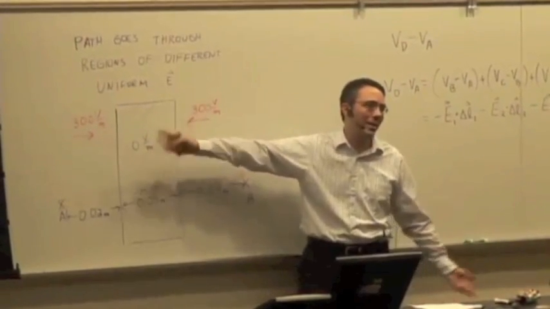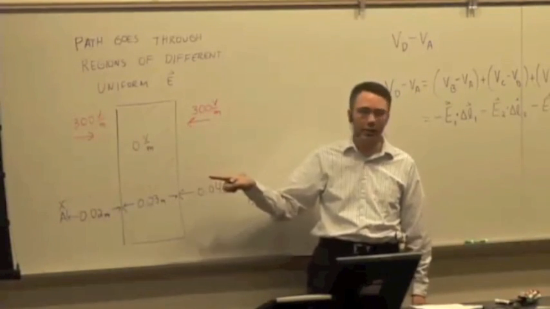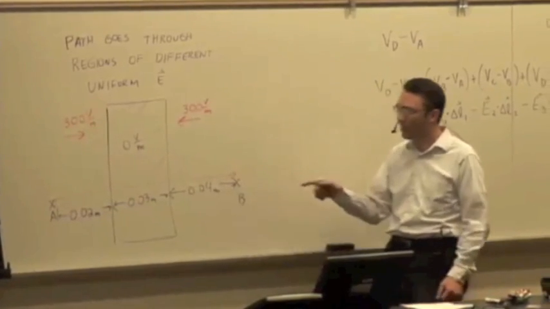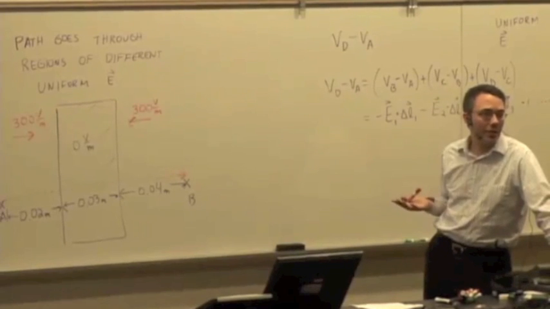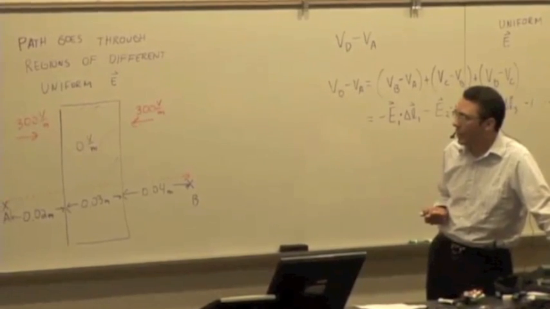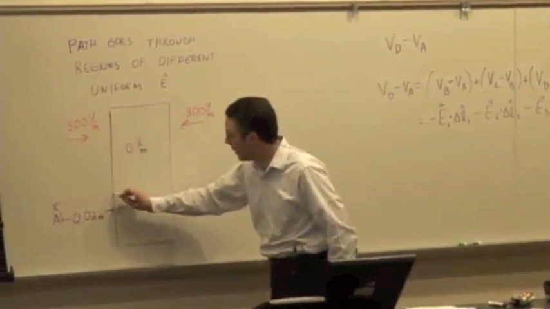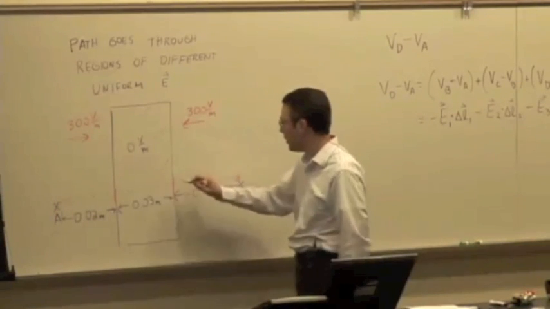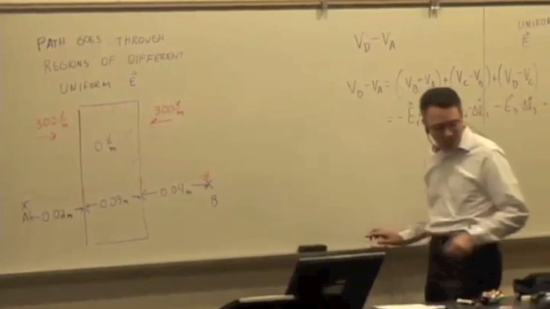So that region is going to be easy to calculate, but it's still a region that we're going through, right? If we're imagining traveling along a path that goes from A to B, we traverse through this region of 0 field. So we should take it into account. Calculationally it's going to be simple to deal with, but it's still 3 different regions of uniform field. So from A to the surface, from the surface to the other surface, and then from the surface to B. Okay, so let's break it up into 3 sections.